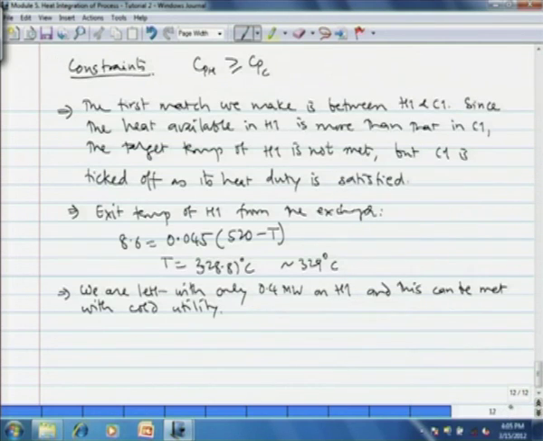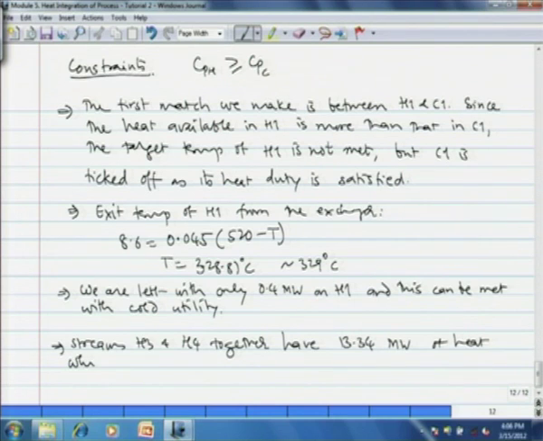Now, stream H3 and H4 together have 13.34 megawatt of heat, which is sufficient to meet the heat requirement of C3.